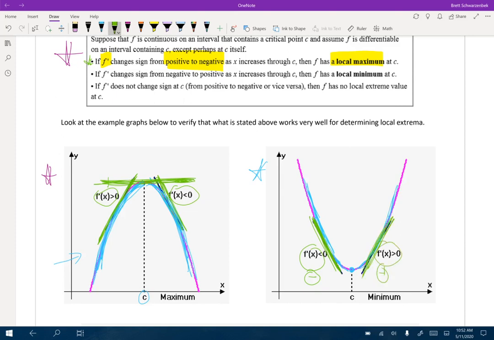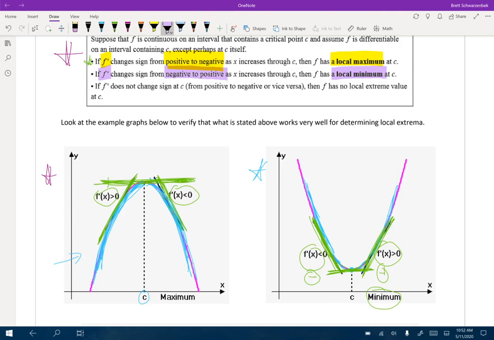So if we go from negative to positive, we create again a horizontal tangent line somewhere in the middle, but more importantly, we create a low value or a local minimum. So again, take the derivative. If it goes from negative to positive as we increase through the graph, then we have a local minimum at the point c, our critical point.